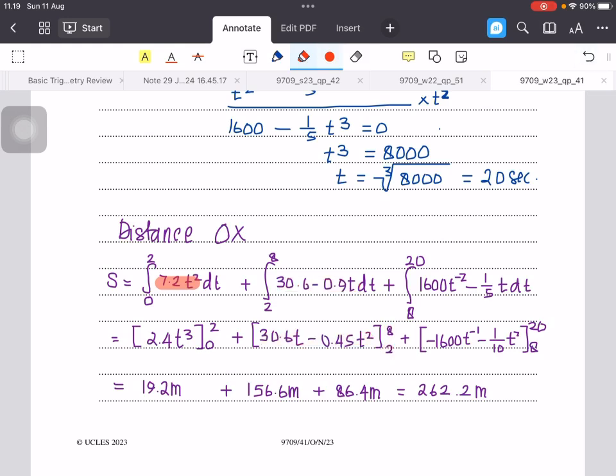Lastly, the integration of 1600 t to the power of negative 2 minus 1/5 t is negative 1600 t to the power of negative 1 minus 1/10 t squared, applied from t equals 8 to 20. And then we total all the distances for all stages. Finally, we get the total distance is 262.2 meters.